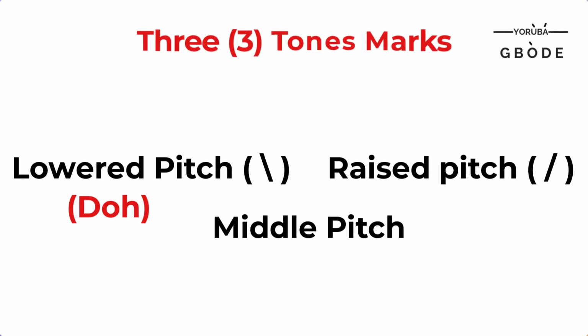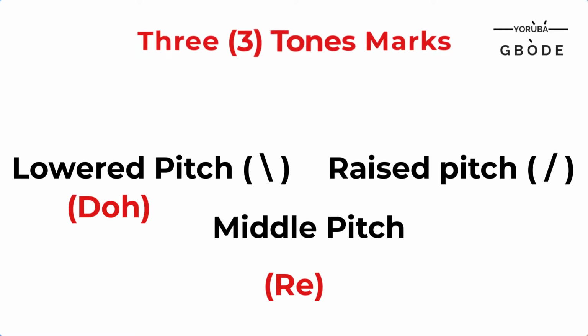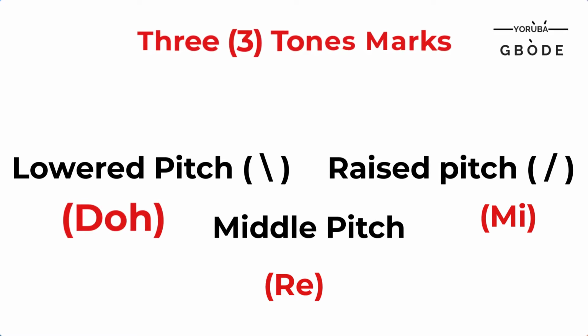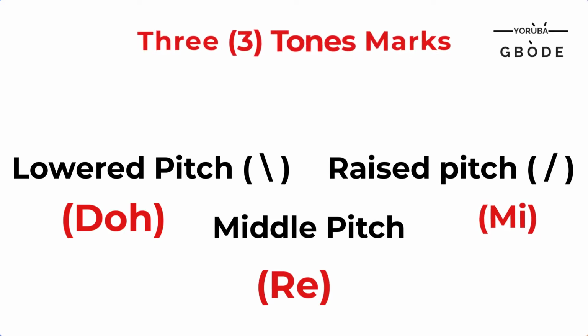When your voice is down, do, your accent comes down. Re, that is the middle. And when we have mi, that is when your voice comes up. So just like musical tones, we have do, re, mi.